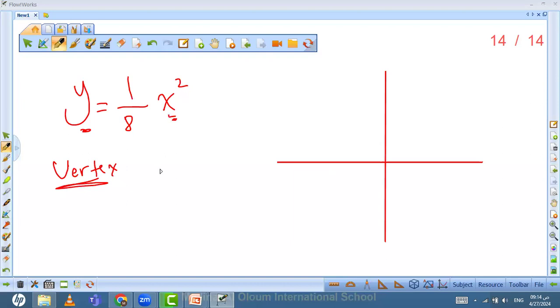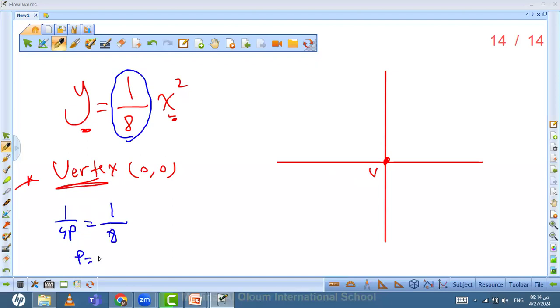This is my vertex point. Now, I need P. How can we get P? We said what is in front of x squared? 1 over 4p equals 1 over 8. Using shift solve on the calculator, your P is 2. P is the distance from the vertex to the focus.